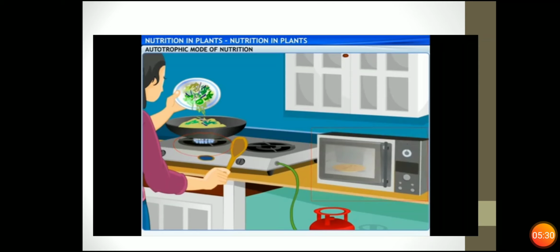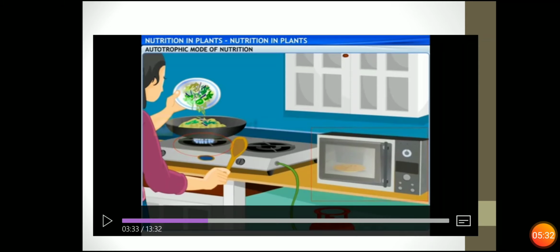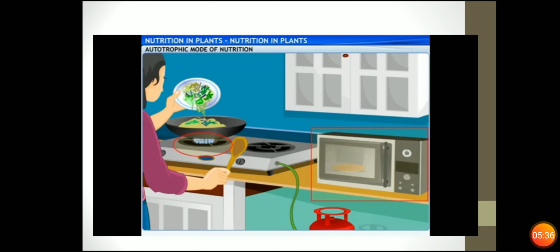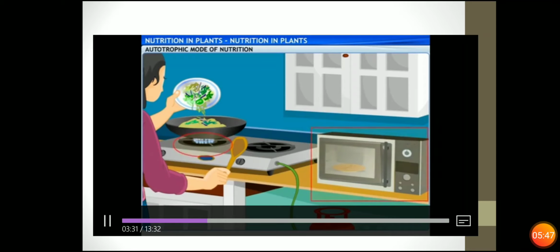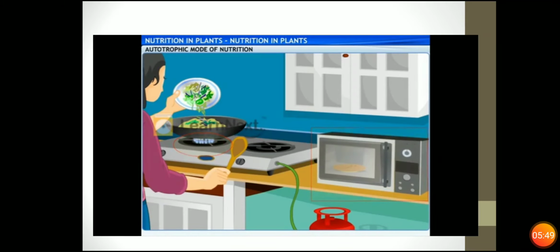Your mother prepares the food either on the gas stove or in the oven or in the microwave. That means she's preparing the food by herself. In the same way, the plants prepare their food by themselves. She uses either a gas burner or microwave as a source of energy.